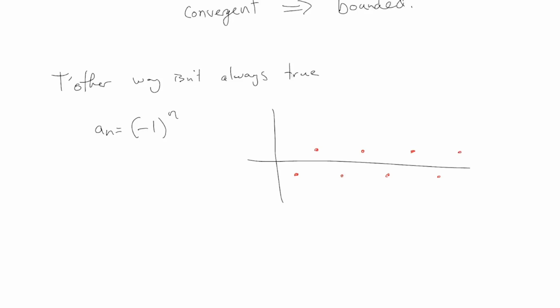It doesn't converge because those values are not getting close to any one particular value as you go off to the right forever. This one is bounded by +2 and -2. You can put a window around that sequence, but it's not convergent.